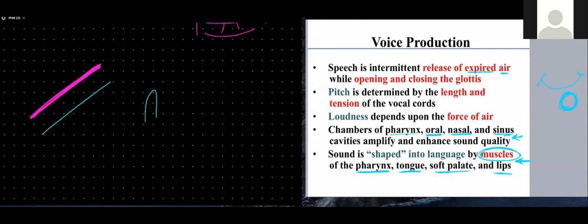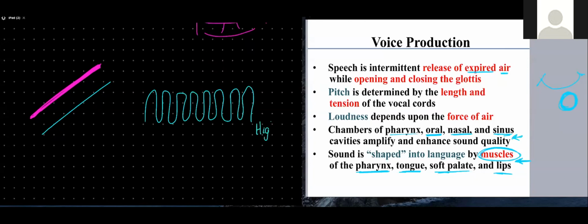Right, so I am producing much more sound waves as I have a faster vibration. This is a high pitch sound. Compared to the thicker chord, it's going to be vibrating much slower compared to the thin one. So this is going to create a low pitch sound.